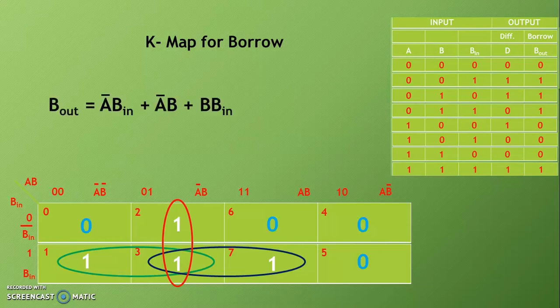So we have Bout. We can write the product terms for each horizontal as well as vertical pairs. We have A bar dot Bin plus A bar dot B plus B dot Bin. So this way we have a Boolean function, simplified Boolean function ready for the borrow also based on the K-map.